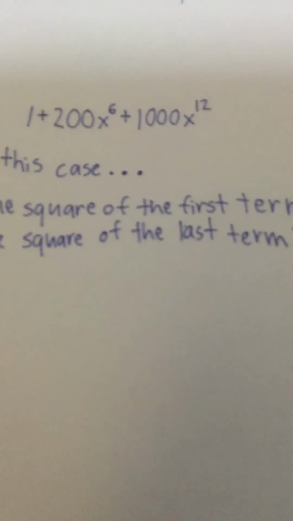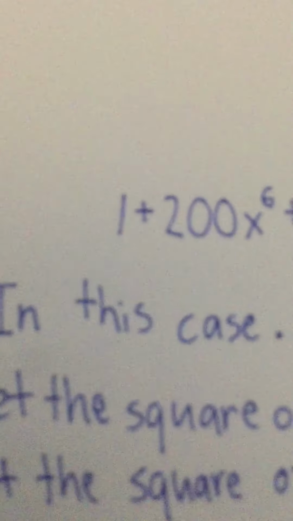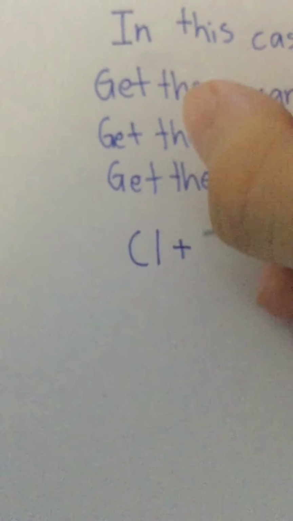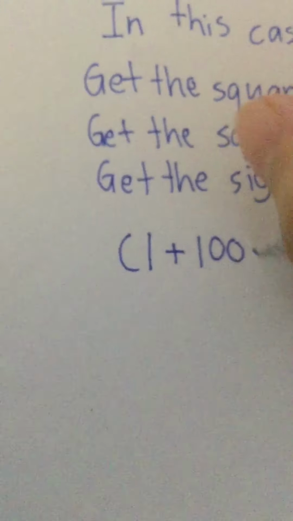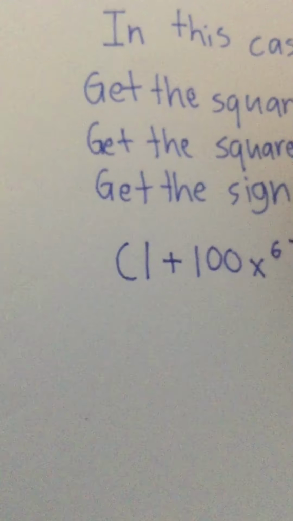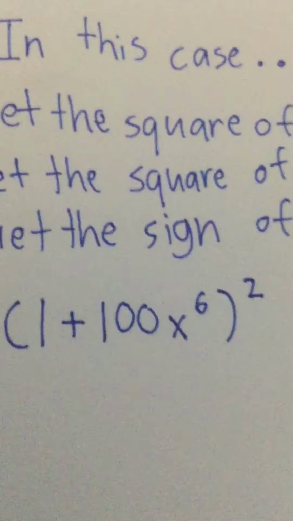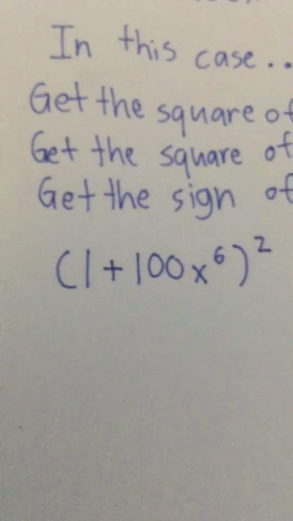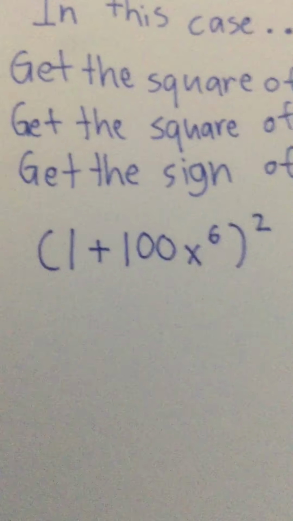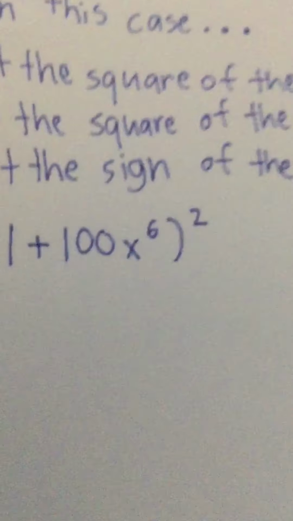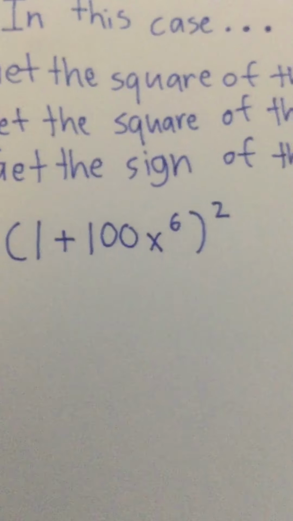Get the sign of the middle term, so the answer would be (1 plus 100x to the 6th power) squared.